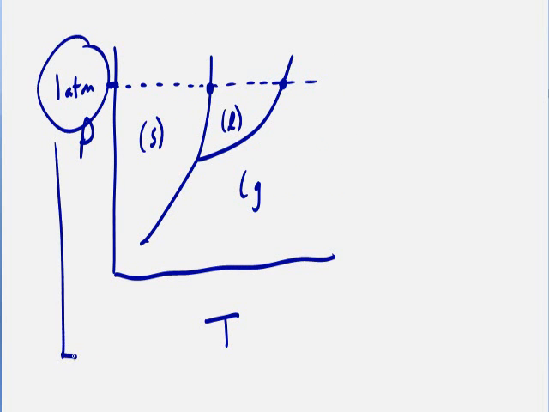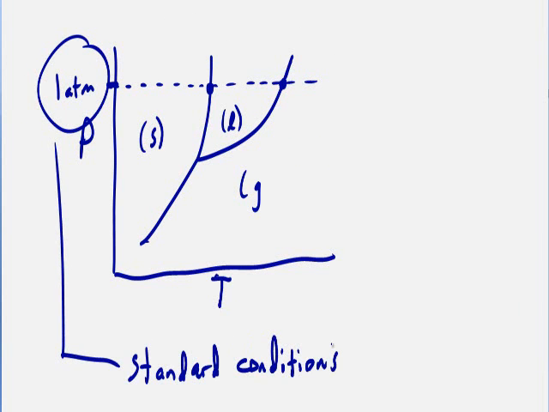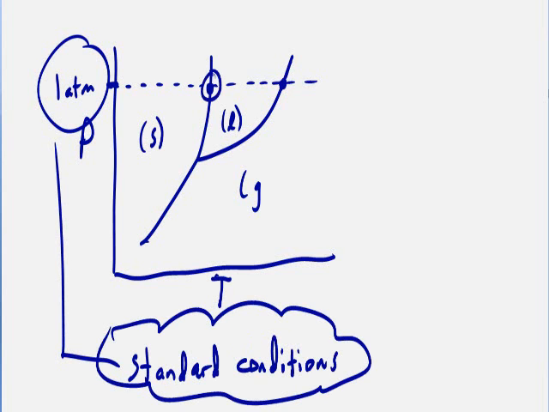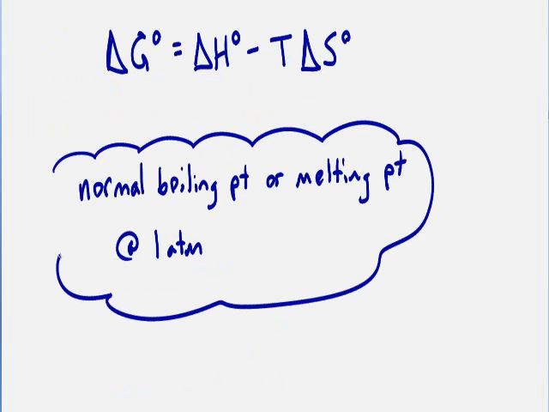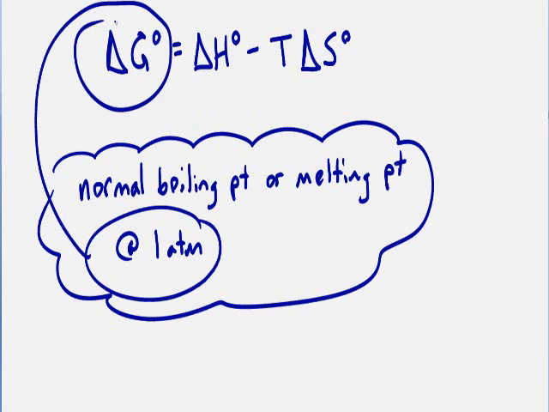Another aspect is that when conditions are one atmosphere, that is considered standard conditions, and these specific melting and boiling points would be what we refer to as our normal melting or boiling points. The implications of this are when we're looking for a normal boiling point or melting point, because we're at one atmosphere pressure, that's considered standard conditions.